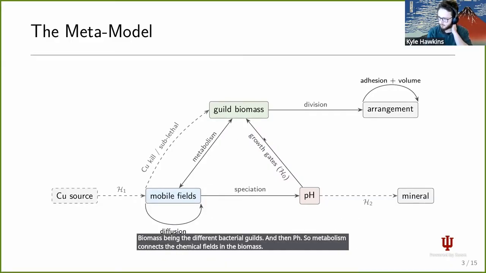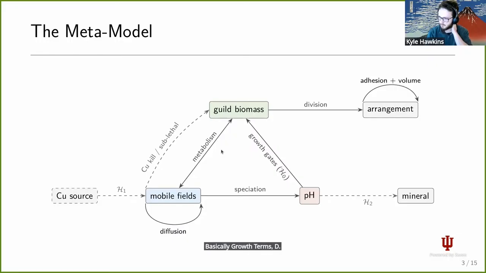Basically, growth terms due to the pH affect the biomass term, and then the different pH chemical compounds, or different acidic compounds' protonation states, are affected by pH as well. So for our different hypotheses that we're interested in, I was interested in the aggregation part.